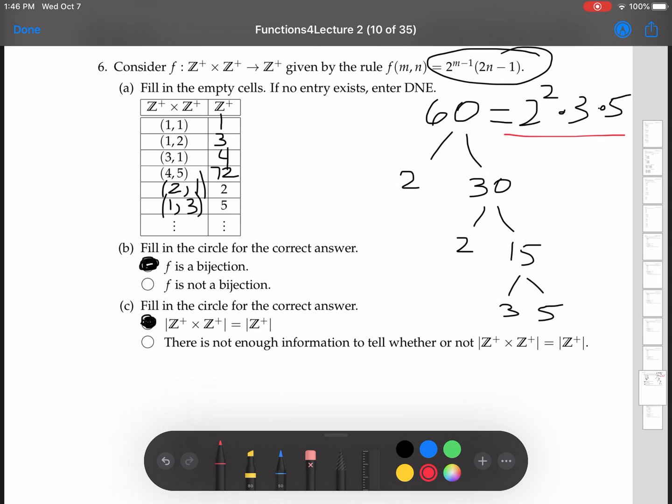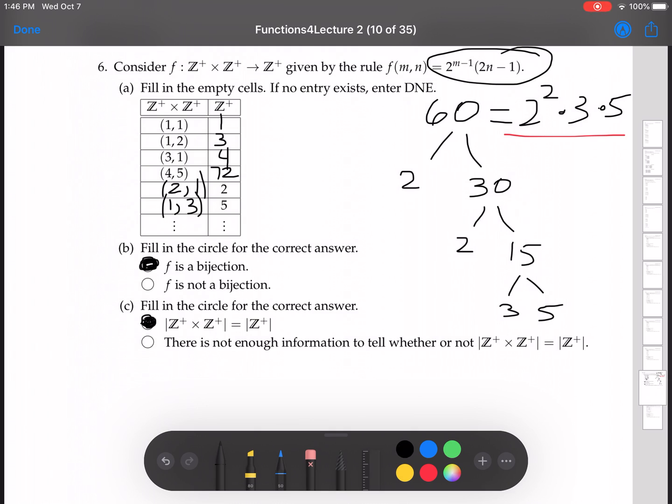The order of the primes is not the uniqueness part. The uniqueness is the primes themselves. There's no other way to write 60 as a multiplication of primes other than 2 squared times 3 times 5.